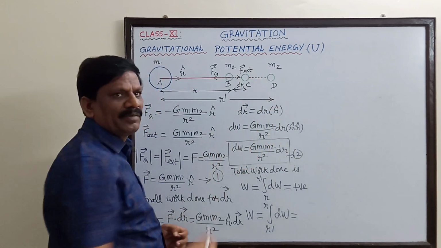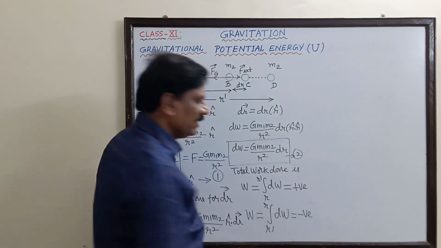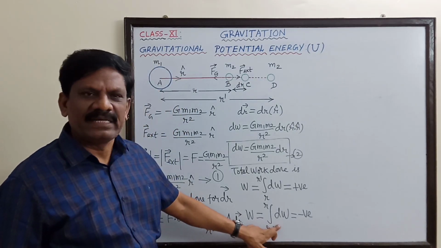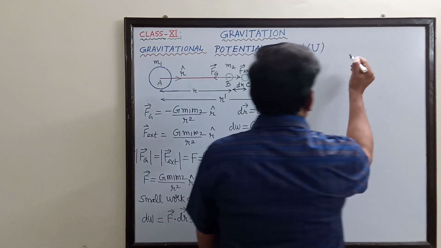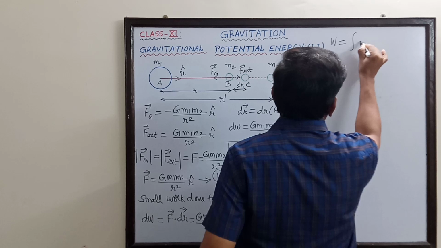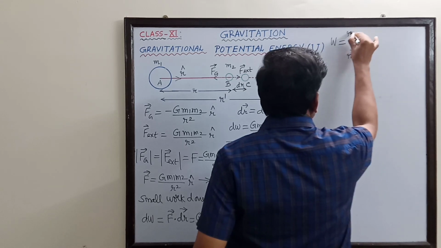From r dash to r means work is done by the system and this will be negative. So let us take the second choice. The total work done is equal to the integral of dW, with limits r dash to r.